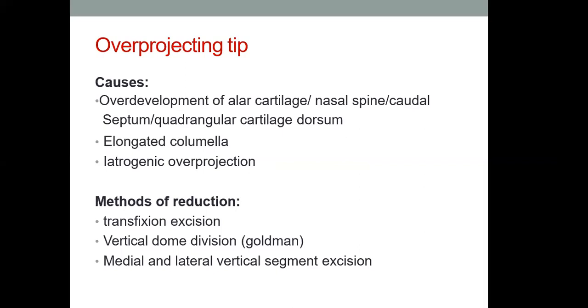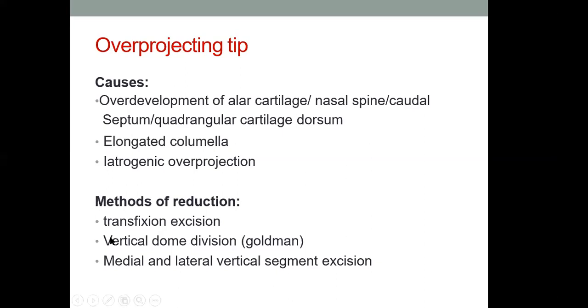The overprojected tip is caused by overdevelopment of the alar cartilage, nasal spine, caudal septum, or quadrangular cartilage dorsum. It can also be caused by an elongated columella, and lastly by iatrogenic overprojection. It is corrected by many methods.